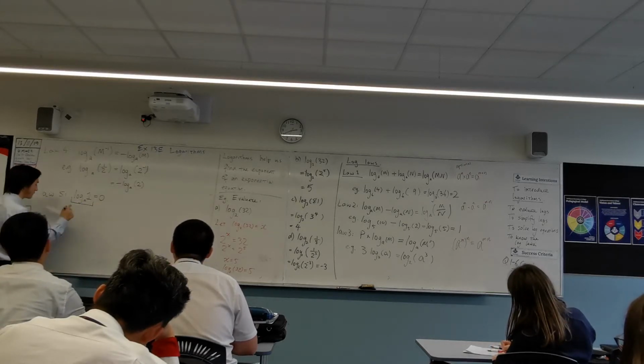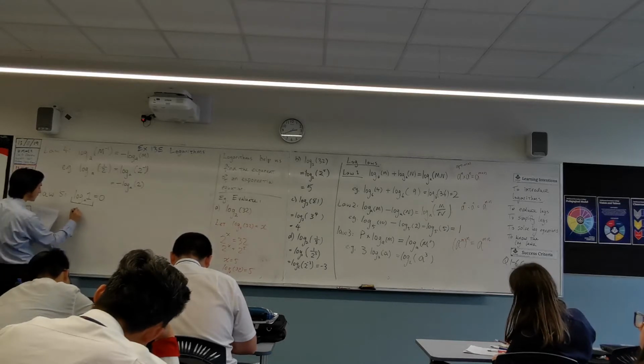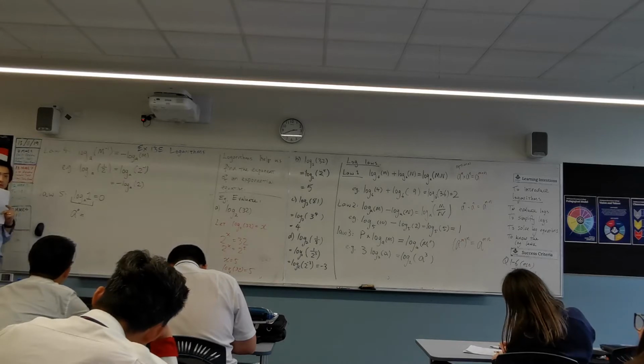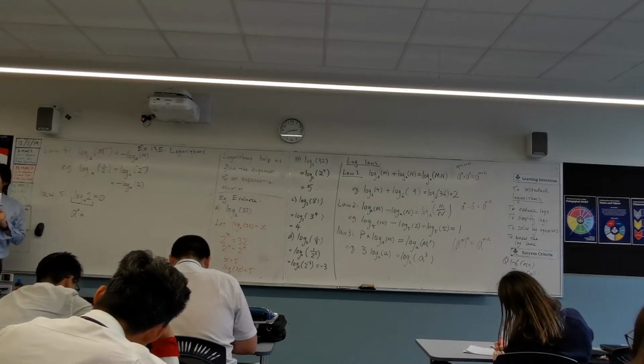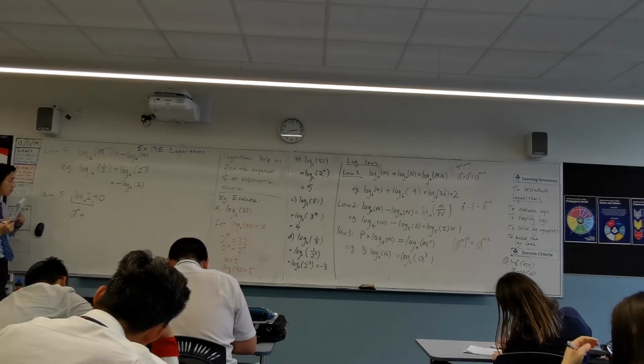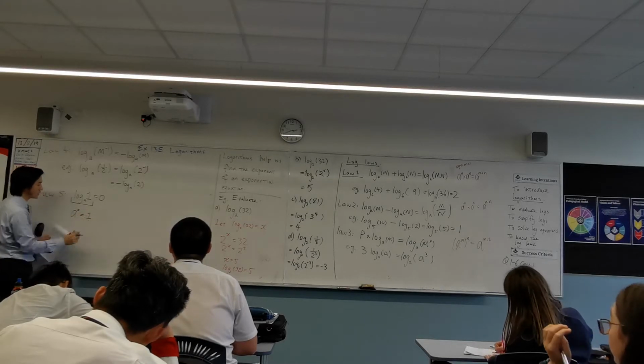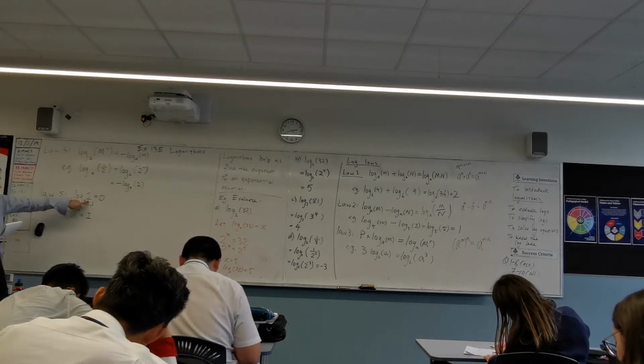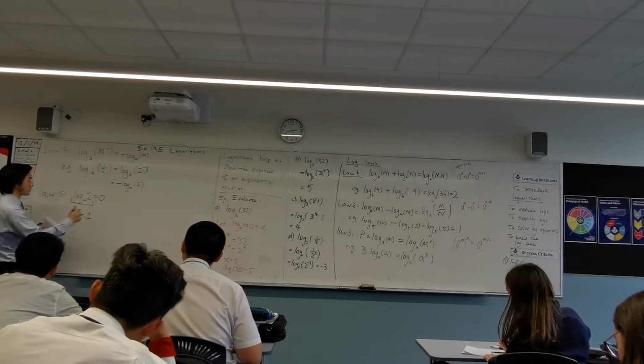And here's why. If we change this into exponential form, base a to the power of 0, what's that always going to equal? 1. Anything to the power of 0 is always 1. In other words, if you have log of any base to 1, the answer is always going to be 0. So this is one part.